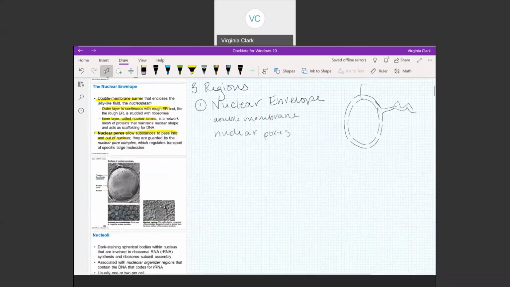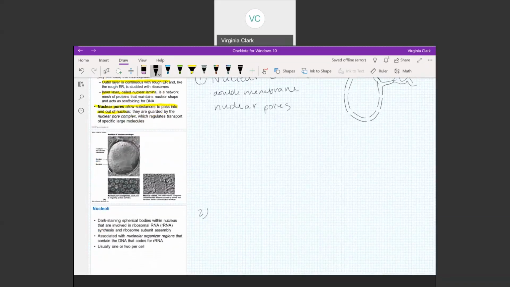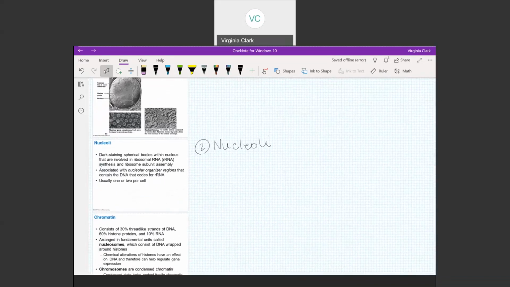Then you're also going to have the second part, which is the nucleoli. The nucleoli is a small, dark stained body inside the nucleus, and this is where you will have ribosome synthesis.